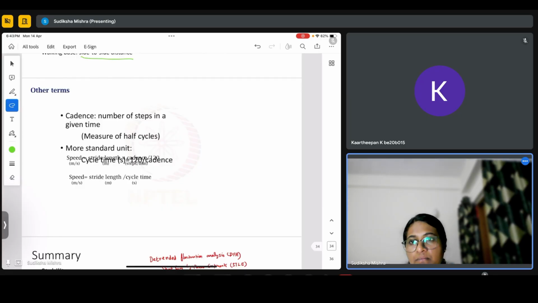Another measure is cadence, which is the number of steps in a given time. So it's essentially a measure of how many half cycles you go through. Instead of cadence, a more standard unit is cycle time, which is 120 by cadence.